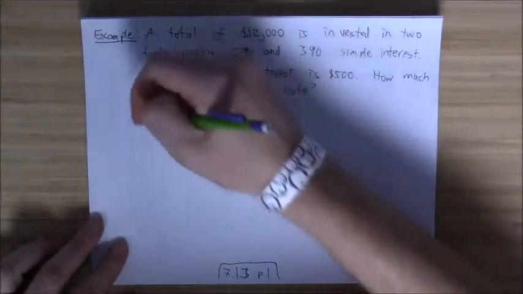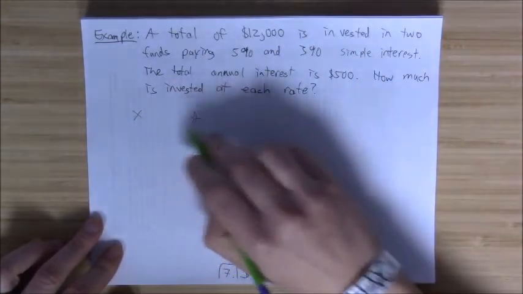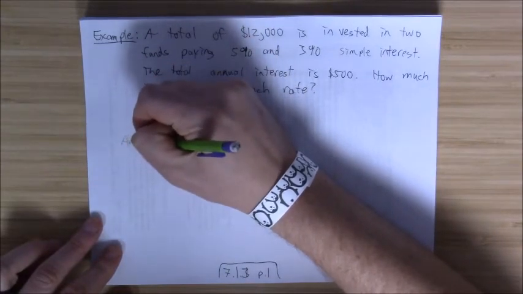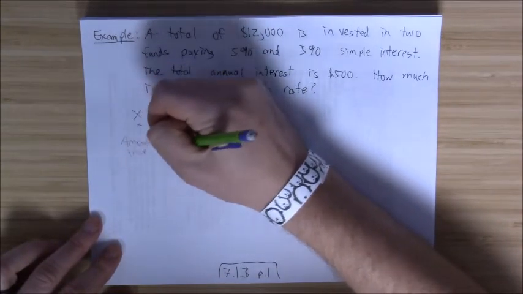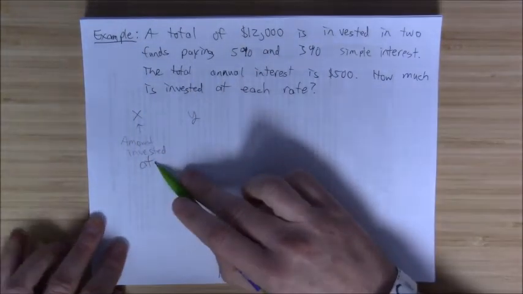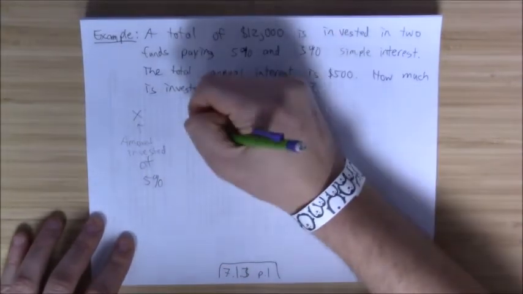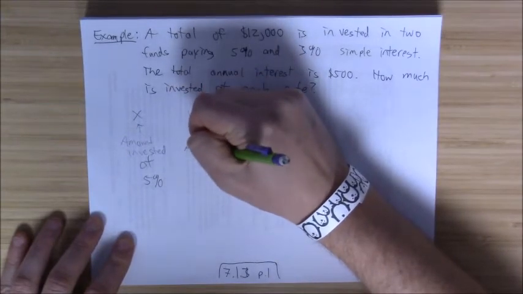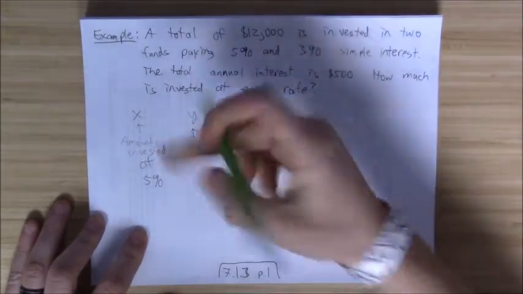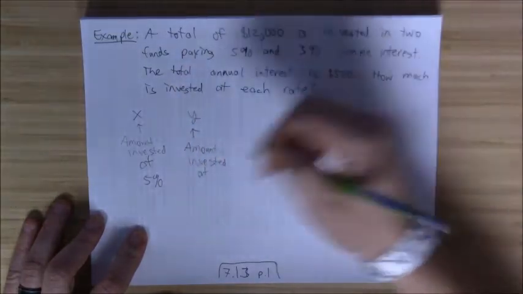Let's call them X and Y. These are both amounts of money: X will be the amount invested at 5%, and Y will be the amount invested at 3%.